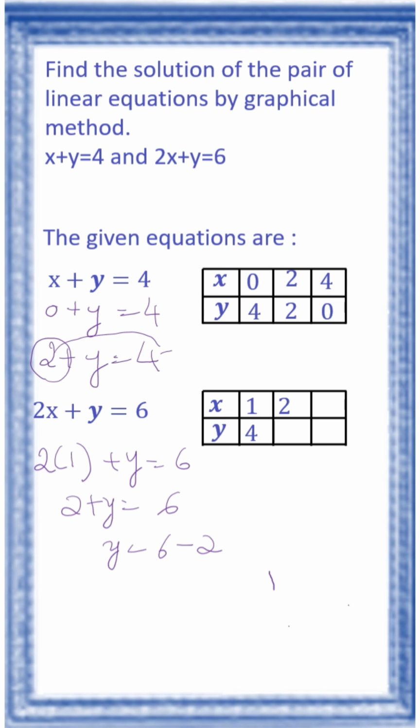If x is equal to 2, here 2 into 2, 4. y is equal to 6 minus 4, that is 2. Here itself you can see that the value for x and y is 2, 2. Same value we have got, no? So x is equal to 2, y is also equal to 2. If x is equal to 3, y is equal to 0.